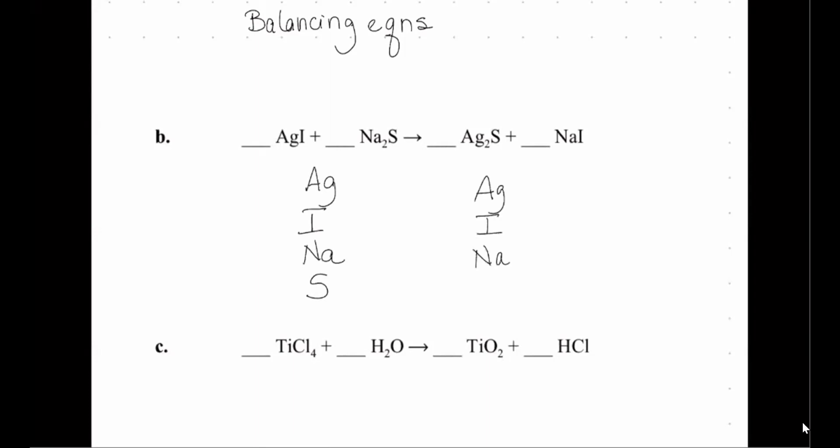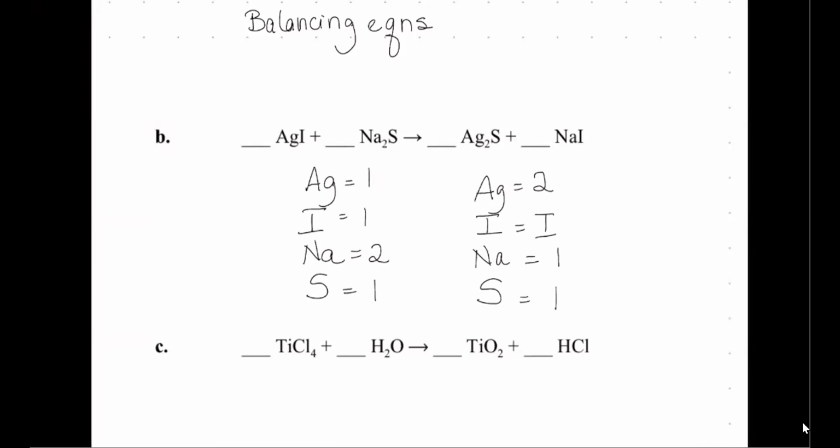Because remember that in these reactions, no elements appear out of nothing, okay? So let's count what we have of each. We have 1 silver, 1 iodine, 2 sodiums, 1 sulfur. We have 2 silvers, 1 iodine, 1 sodium, 1 sulfur.